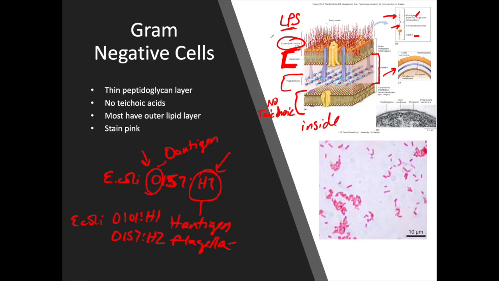This LPS is considered a toxin, and it's found in gram-negative bacteria, so in the medical field, it's known as an endotoxin, because it is part of the cell, so it's inside. Our bodies do not like this endotoxin, and it initiates inflammation, it initiates fever, and very strong immune responses. So it is a virulence factor that's built into gram-negative bacteria that gram-positive organisms do not have.